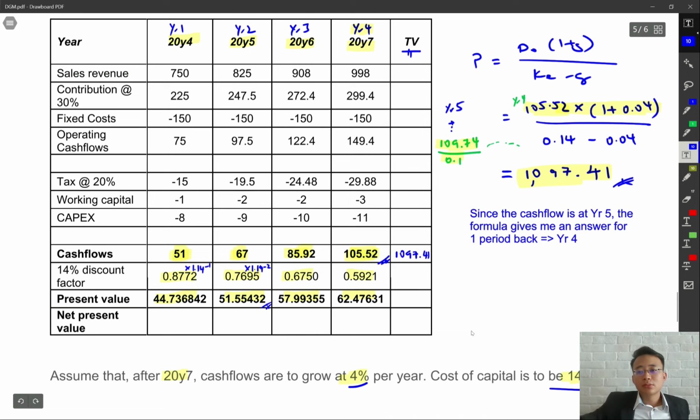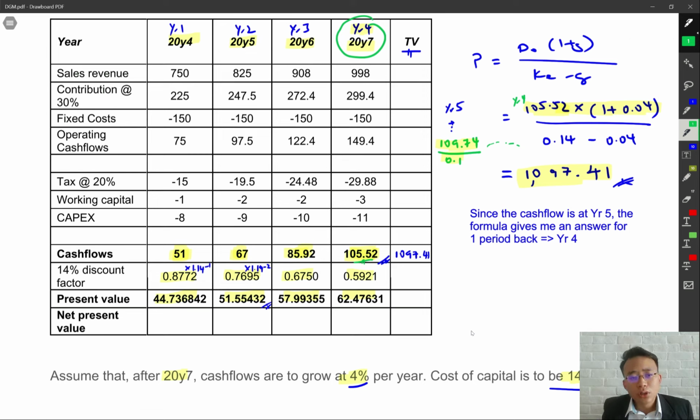So in year 4, my terminal value 1,097.41 is similar to whatever you got in year 4, 105.52. You use this discount factor as well.